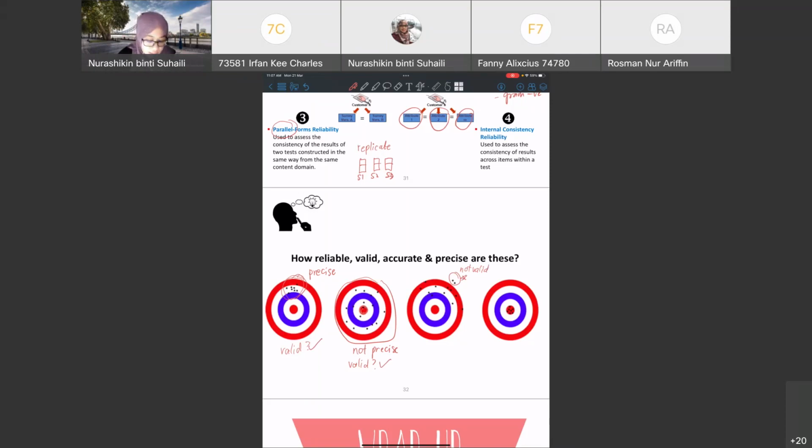Okay, this is not valid. This one is not precise. Okay, in terms of accuracy kalau dia kena pada sini lah, less accuracy, less accurate. Okay, so this one is the third condition, and the last one here, valid, yes.